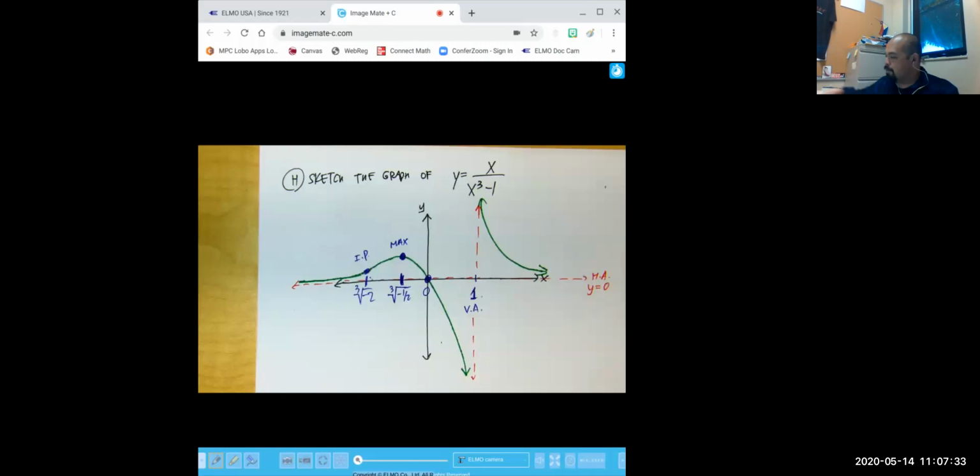Definitely a long time to get through this problem because of the messier quotient rule, right? But at least we can see how those details can give us a clue on what that graph's going to look like. Okay? Reinforce what we think about, giving us that more formal background and understanding.